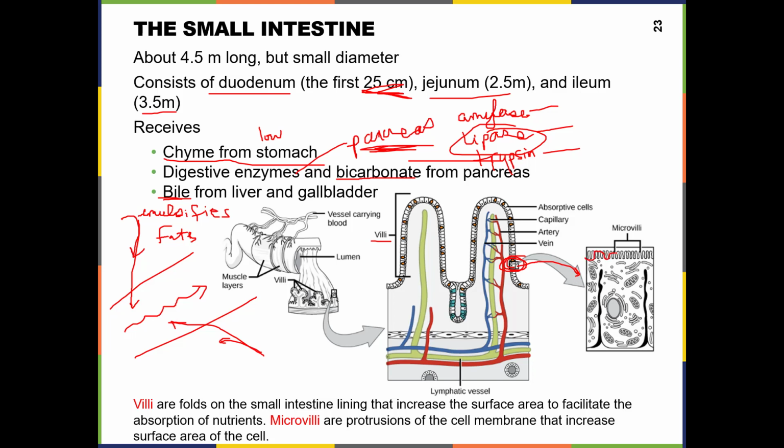The plasma membrane has waves. So not only does the organ surface have these waves, but each cell has plasma membrane extensions. The plasma membrane extensions are called the microvilli, and the waves in the whole organ and the surface of the organ on the inside are called the villi.